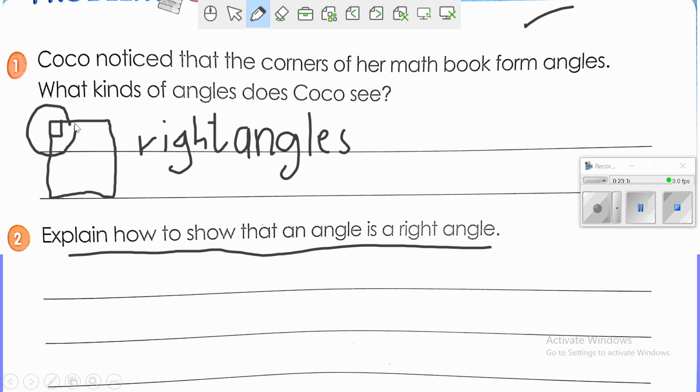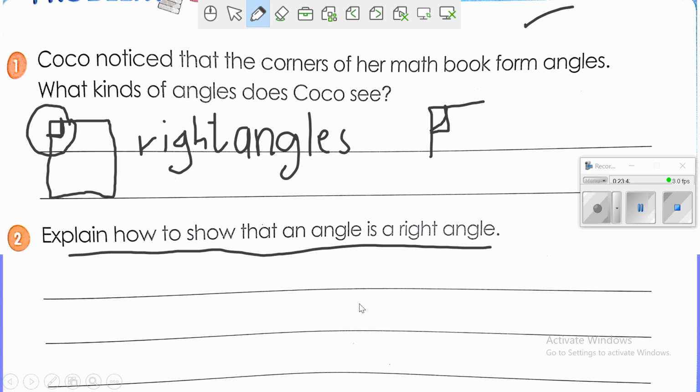I draw the corner like a square. So this is how I can know this is a right angle. When I'm drawing a right angle, I'm not drawing the corner in a curved line. No, I draw it in a square shape. So when you have a square on the corner, that means it's a right angle.